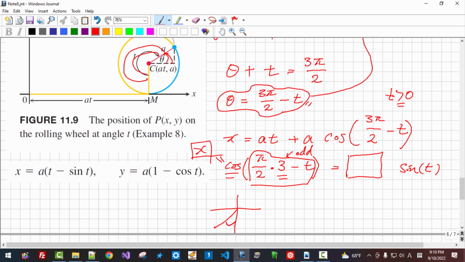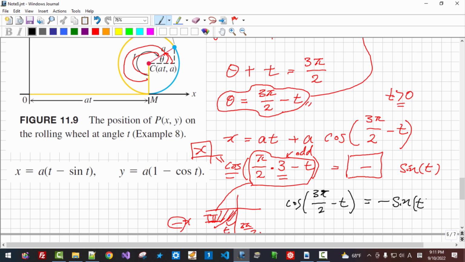We regard t as greater than 0 from 3 pi over 2. This angle falls in the third quadrant. In the third quadrant, x is negative, so it should be negative. That is, cosine of 3 pi over 2 minus t equals minus sine t.